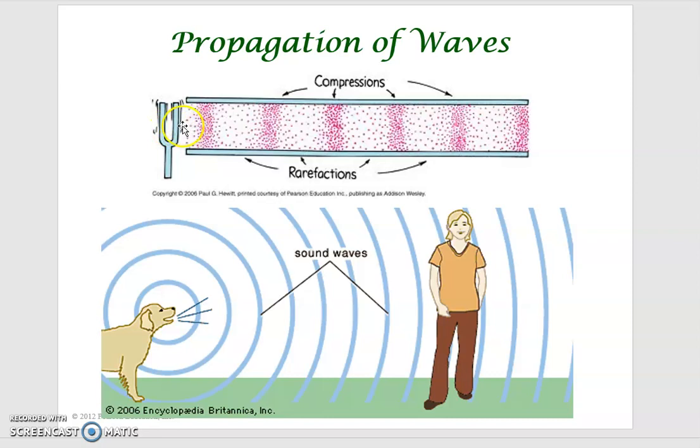This kind of vibration is passed through the medium, so the medium also starts to vibrate. But you can see that the medium oscillates back and forth in the direction of the wave propagation. This is how we define the so-called longitudinal wave. Still, the propagation of the wave is simply due to the vibration of the medium. The sound wave is a very typical example of a longitudinal wave.